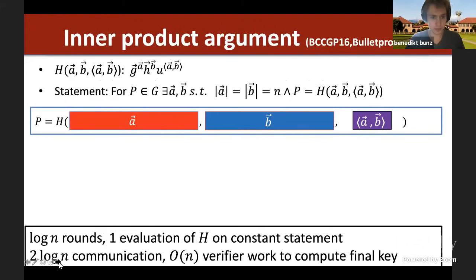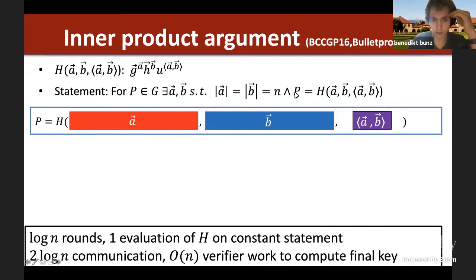So how do we achieve all of this? Well, the main protocol that we base our inner pairing product on is the inner product argument from Bootle et al. This particular variant is from Bulletproofs. In the inner product argument, you have a commitment to two vectors and a scalar.